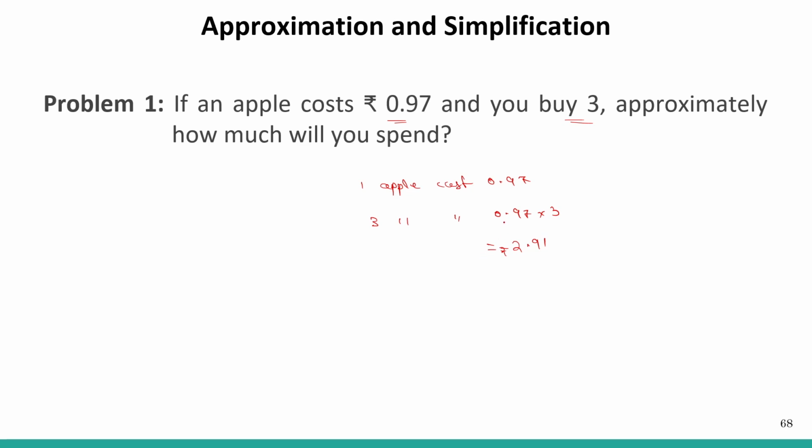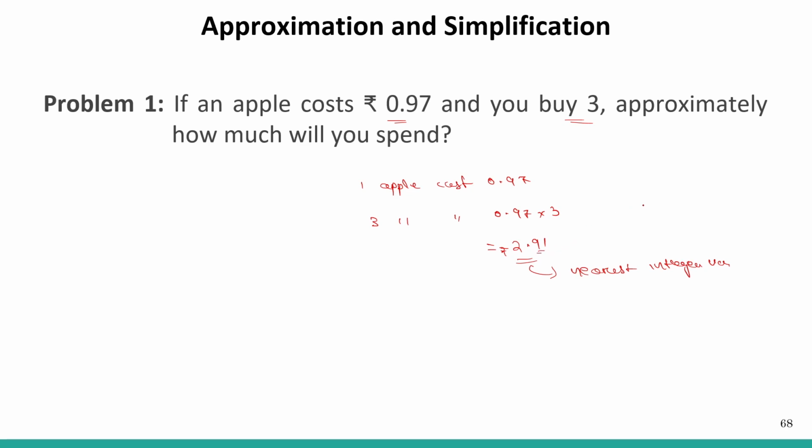So this much rupees will cost. What we want to do is approximate how much I will have to spend. Basically, I want to approximate it to the nearest integer value. So how can we do it? By approximating the decimal part. We see the first decimal digit, that is 9 here.